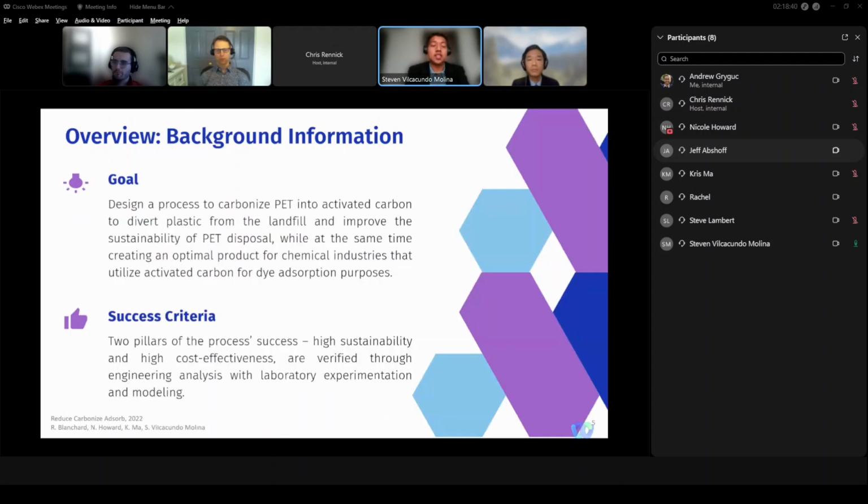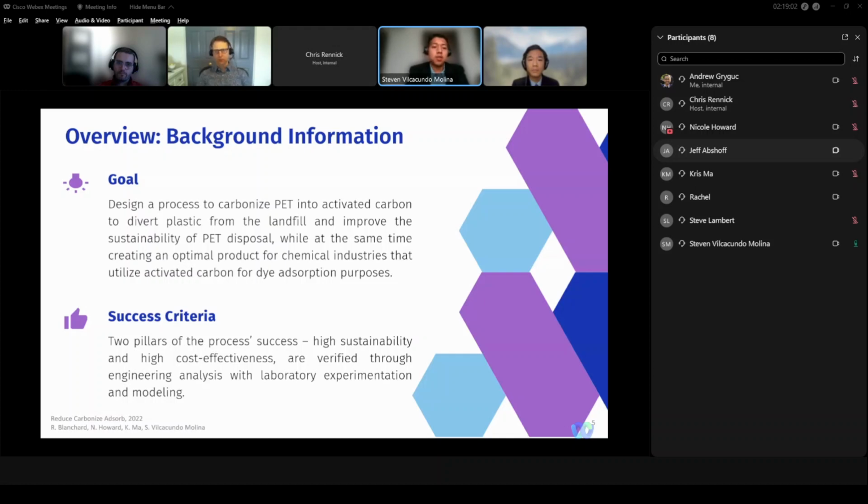Therefore, as a team, we want to design a process to carbonize PET into activated carbon to divert plastic from the landfill and improve the sustainability of PET disposal, while at the same time creating an optimal product for chemical industries that utilize activated carbon for dye absorption purposes.